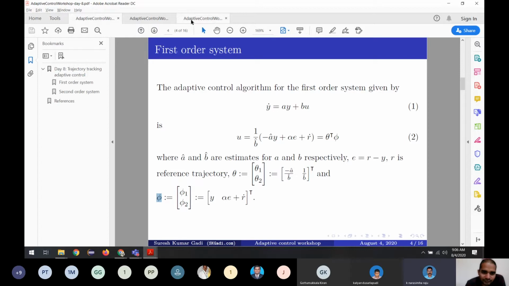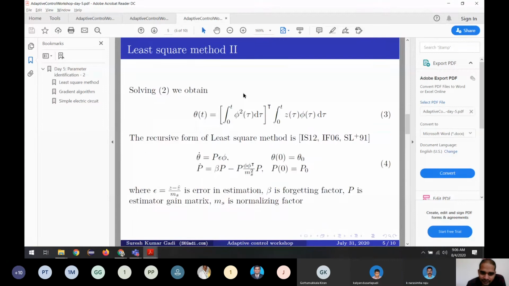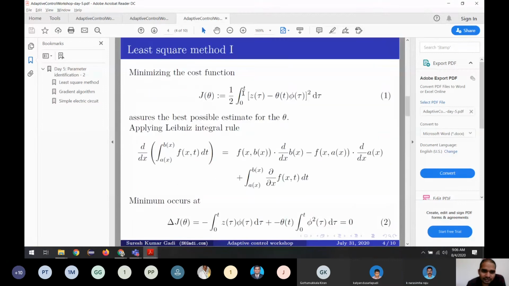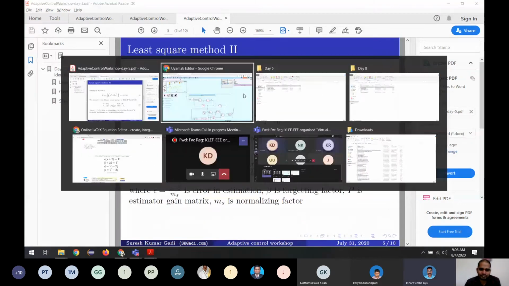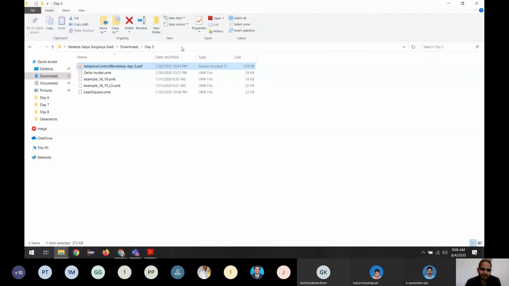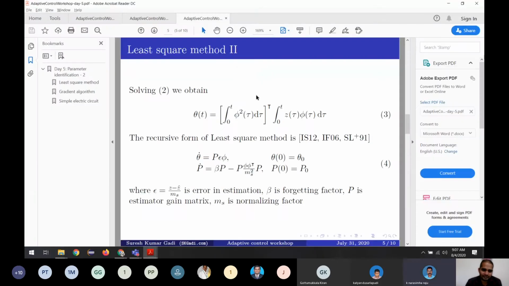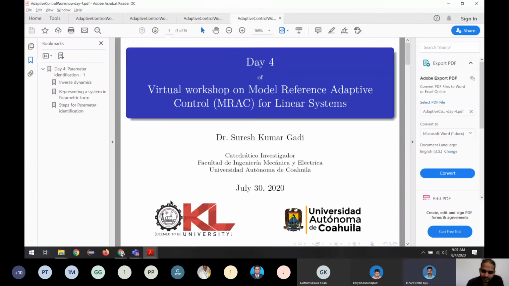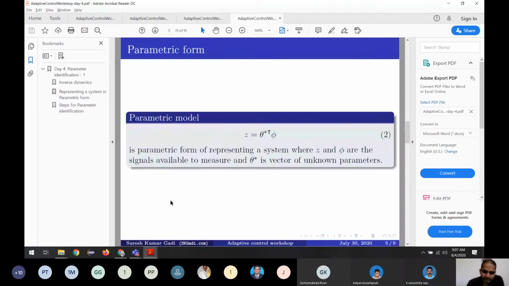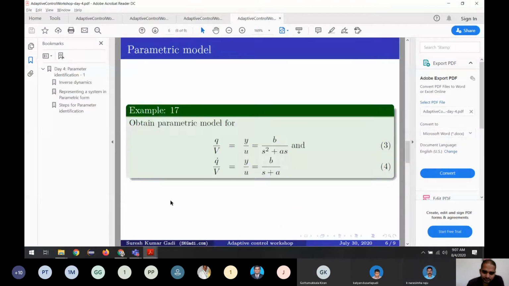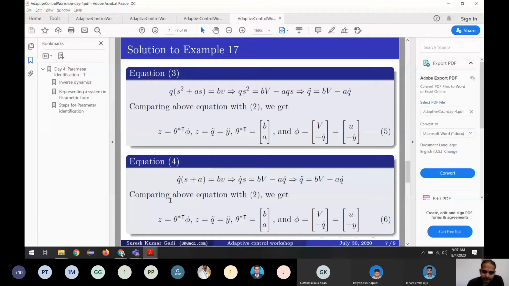If you see this here, what we are saying is, it is similar, but it's not the same. So if we have any system like this, previously the phi was voltage and Q dot.